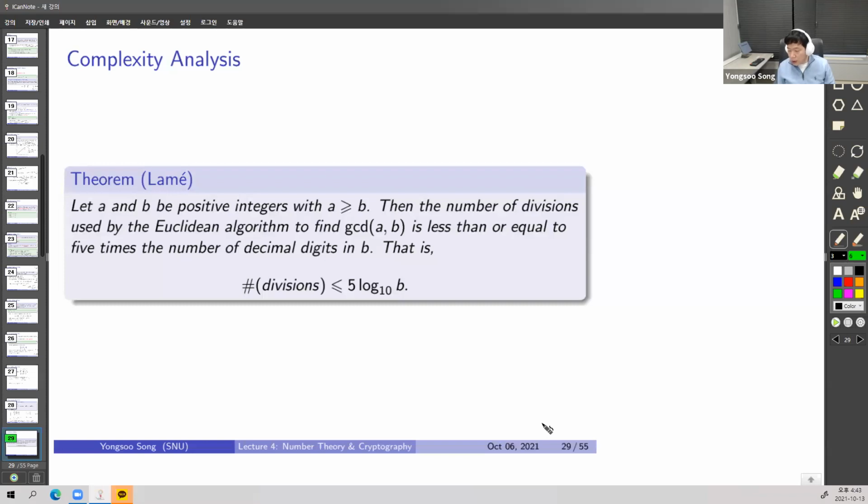So this is a finer complexity analysis of our Euclidean algorithm.